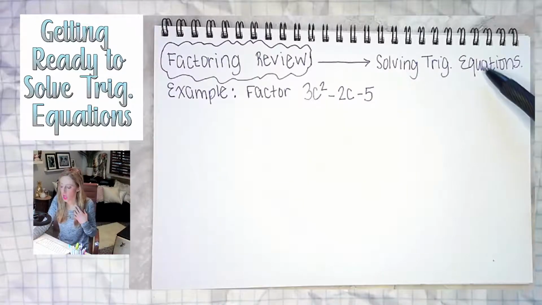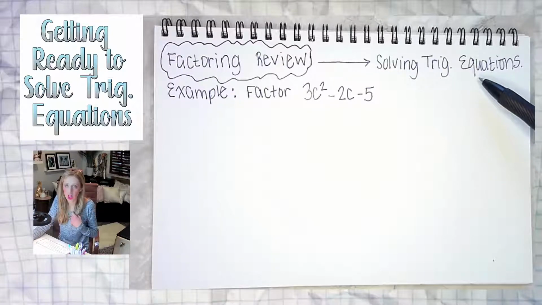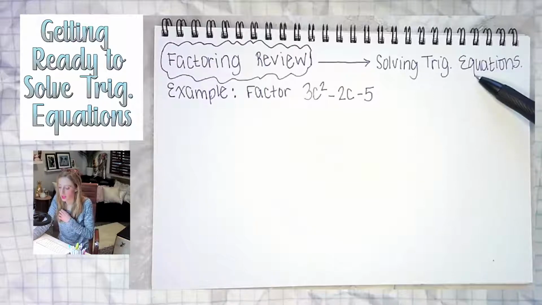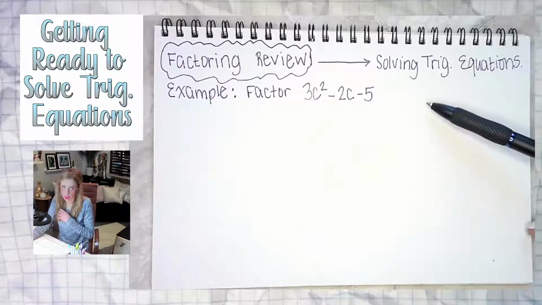Now, when we're solving trig equations, it will relate quite heavily to Algebra 2, when you were solving polynomial equations. And the way you would solve a polynomial equation is by factoring. So you had to get it equal to 0.